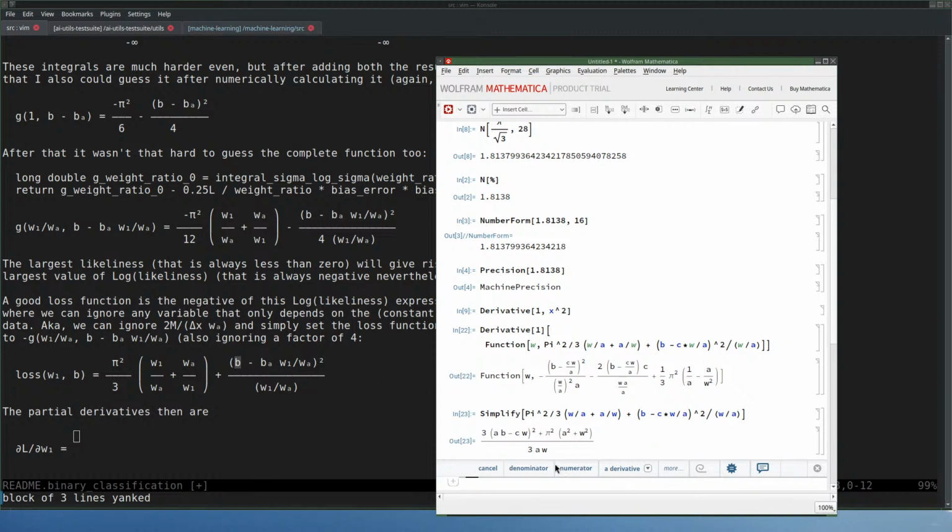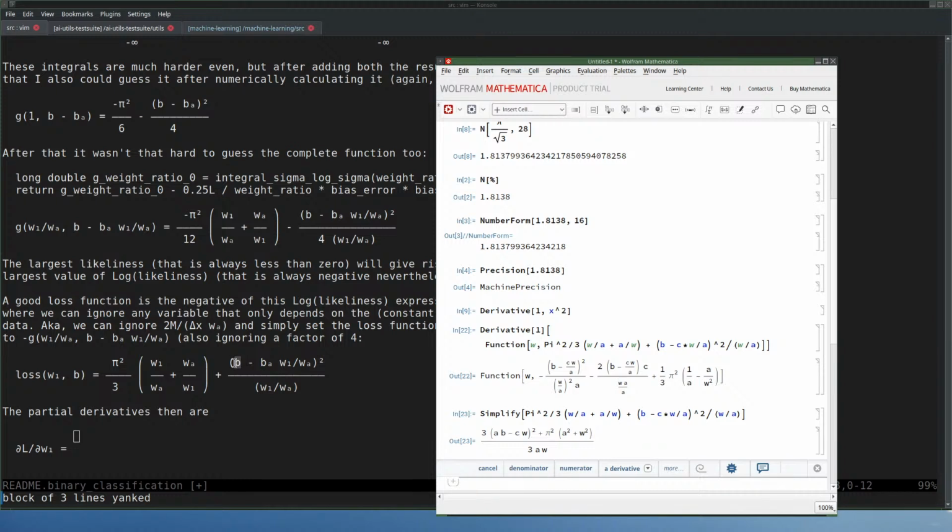And this one is then, yeah, the 3 cancels, and this is just multiplied with a squared top and bottom. So you get b times a squared. So we multiplied with a squared, so inside you multiply it with WA.